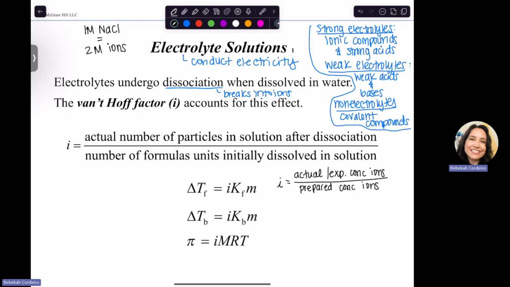So my i would be 2. And so we just stick i at the beginning of all of these formulas because it will affect them proportionally. If I have twice as many particles, I'm going to be doubling the concentration. Same thing here. That's my molarity of my solution. The i would be double that.